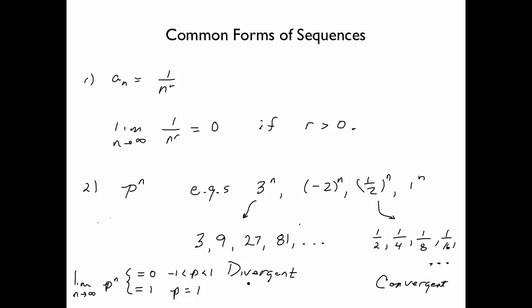Because what's your sequence? 1, 1, 1, 1, 1, 1, 1, right? No matter how many times you raise 1 to a power, you just get 1. Any other values, this thing diverges. So divergent otherwise: greater than 1, less than negative 1.